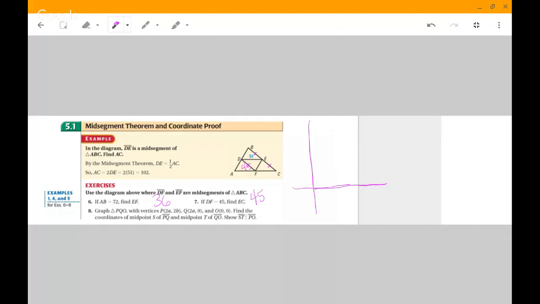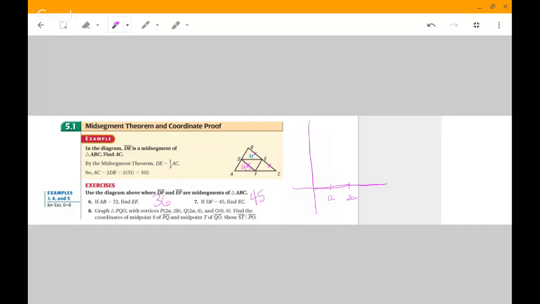All right. We have a triangle with these vertices, 2A, 2B. So you're going to have an x value of 2A and a y value of 2B. So just think of it as 2 times something. So here's A. This would be 2A, right?